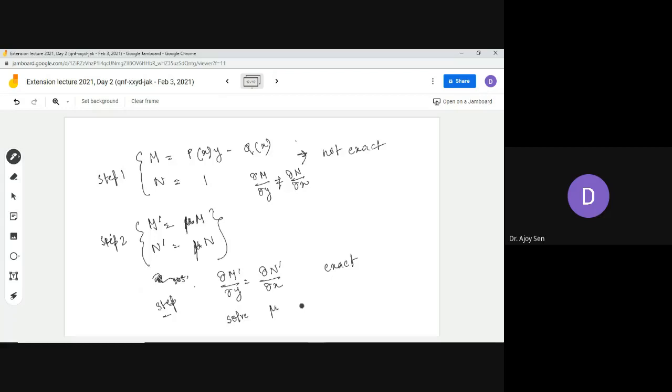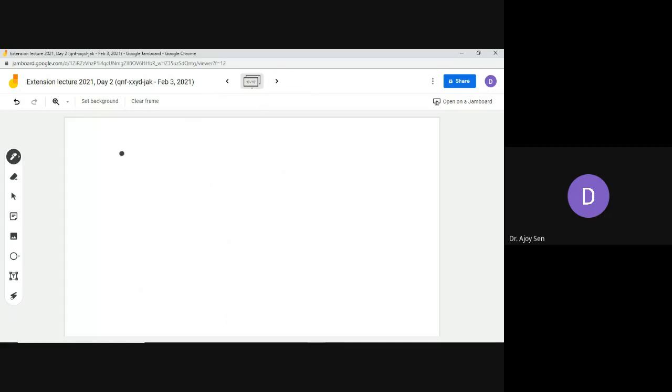So basically the solution you will get is nothing but e to the power integration P(x) dx. So this is exactly the integrating factor. Hence the integrating factor will be e to the power integration P(x) dx.